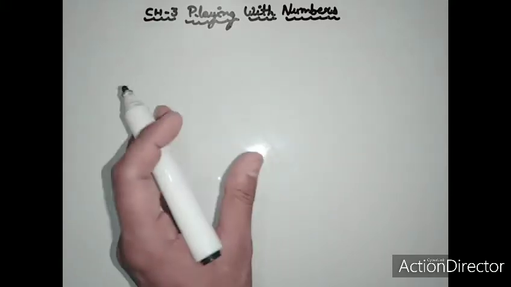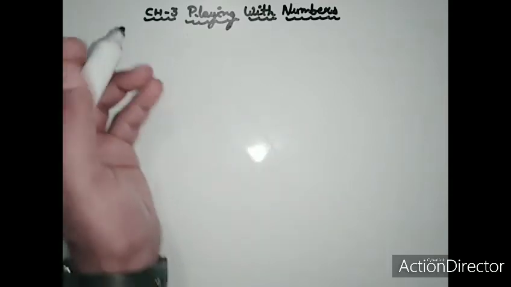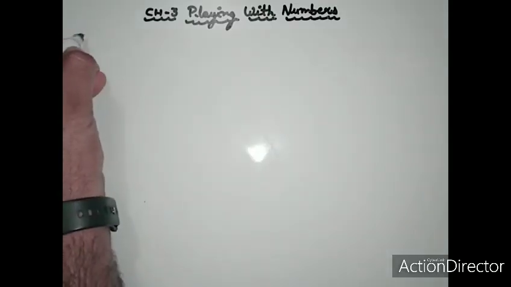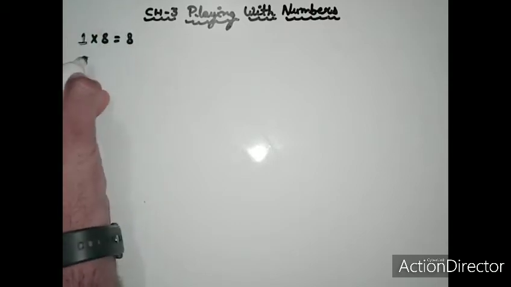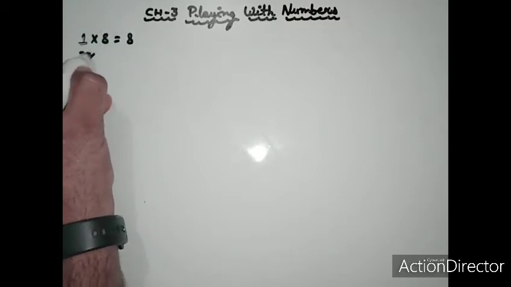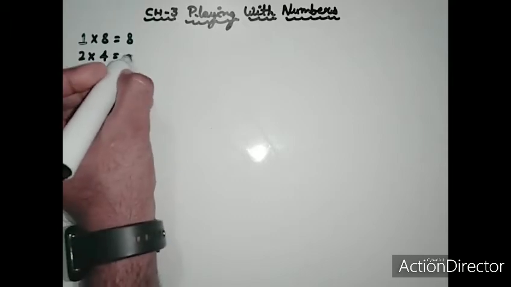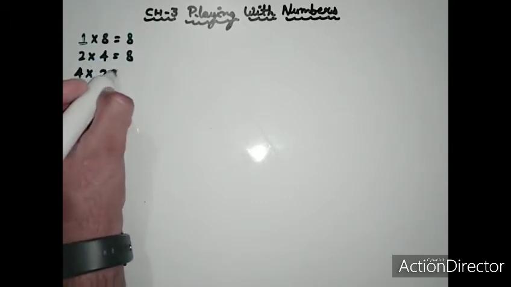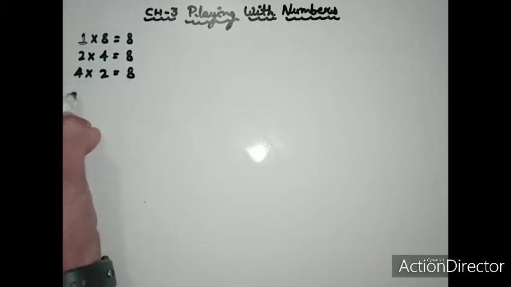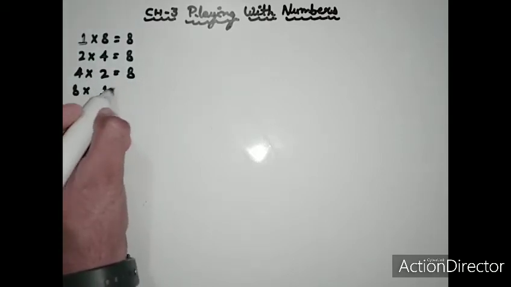Now students, here we write the factors of 8, and write all the numbers which multiply by each other and give product 8. Now 1 multiplied by 8, 1 eight is 8, and 2 multiplied by 4, 2 fours are 8. Then 4 twos are 8 and 8 ones are 8.